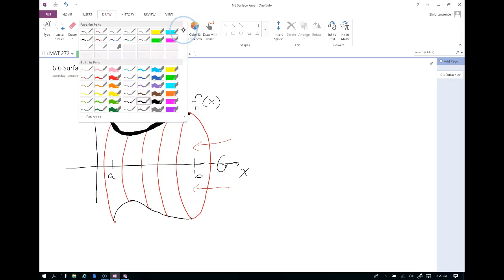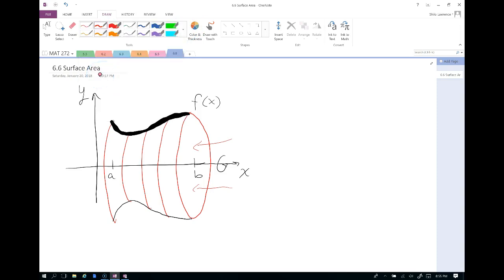And we want to know what is the surface area. So what we're going to do is we're just going to pick a representative point on the edge and talk about what happens to that representative point. So let's just say we take this point. Now, if I take just that one point and I revolve it around the x-axis, it's going to go around, it's going to hit 180, and then it's going to come back. And we see all we have here is a circle.